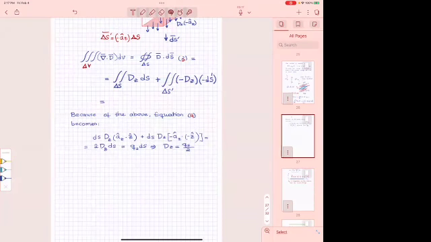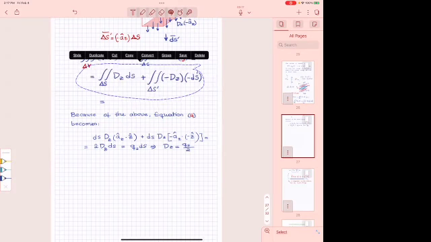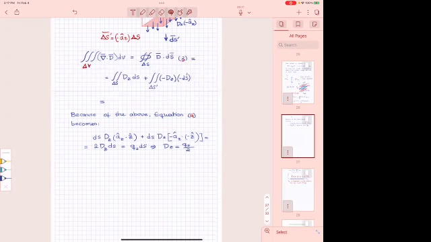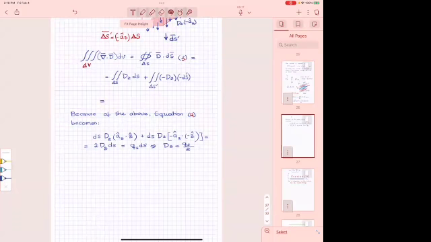So what you see here is that I have now reduced my volume integral of the divergence of D dv to these two surface integrals, which give me nothing else but 2 Dz delta s.